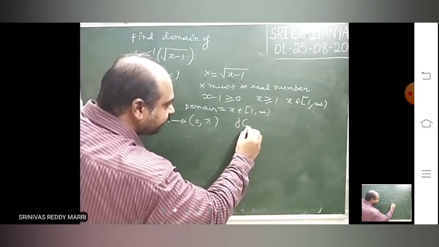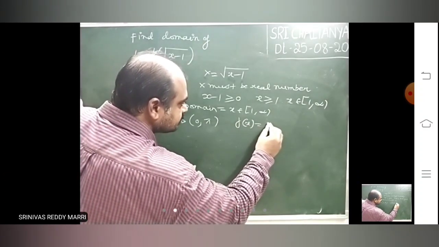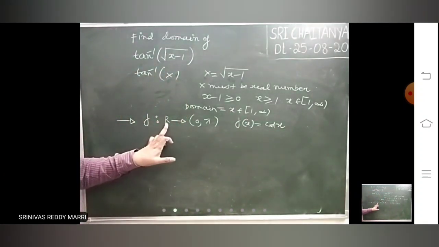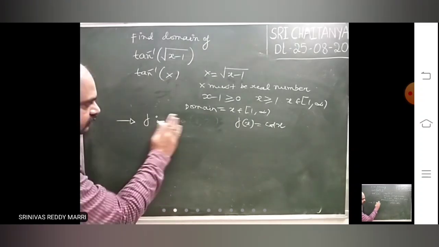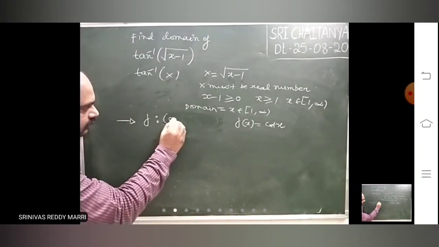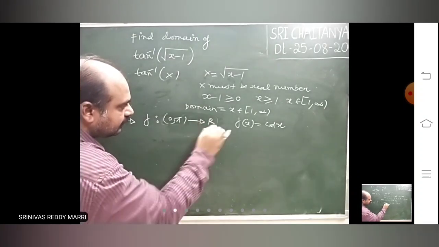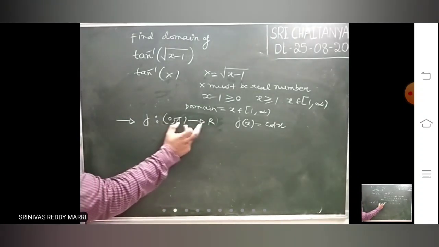I am defining f of x equal to cot x. That means the domain of this is (0, pi) to R.